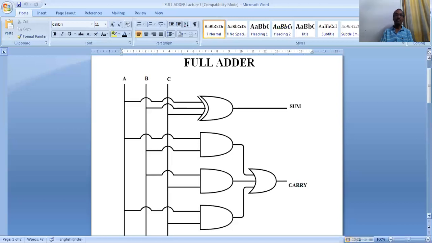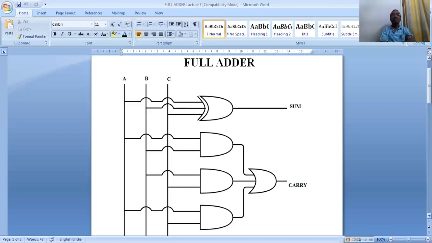That means it is connected serially one by one by dropping one. That's why in the case of first AND gate, A and B are connected and C is dropped. In the case of second AND gate, serially B and C are connected, but first A is dropped.